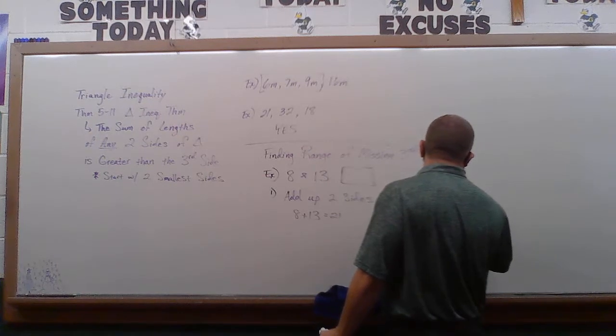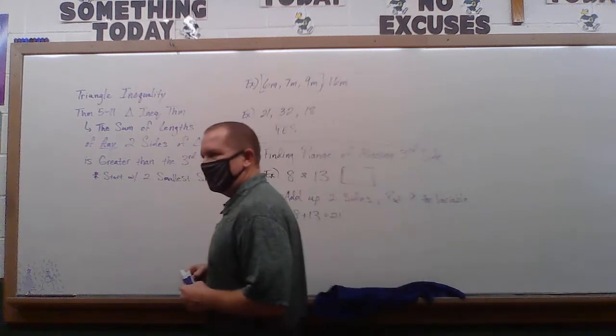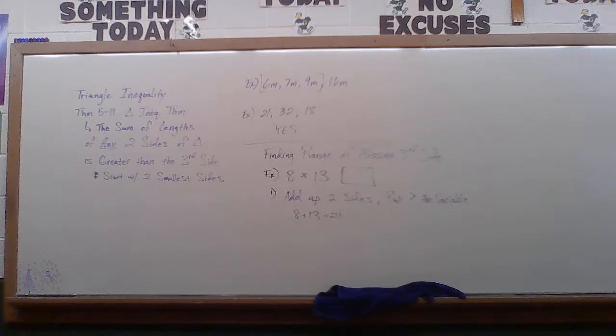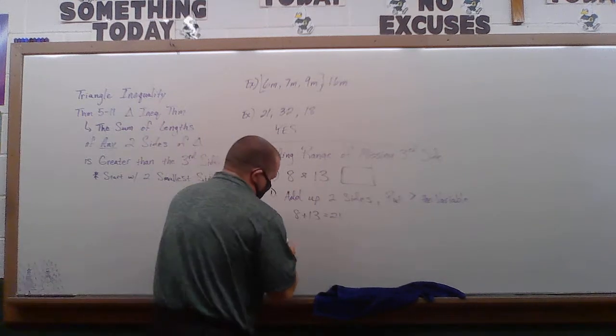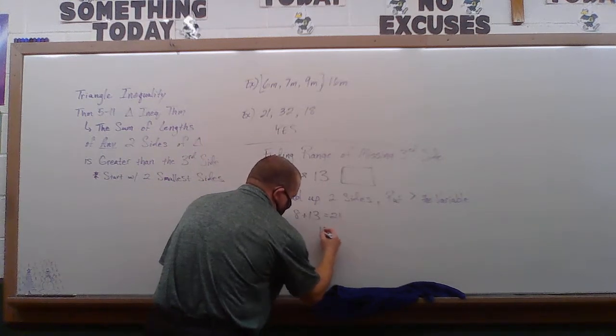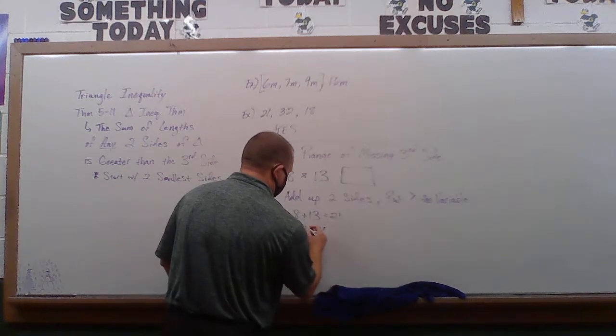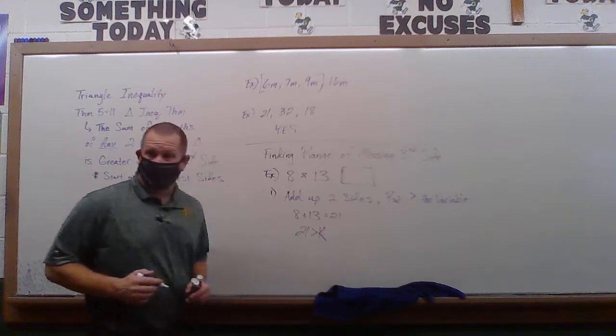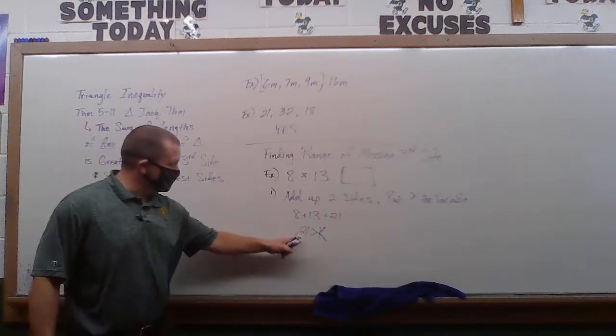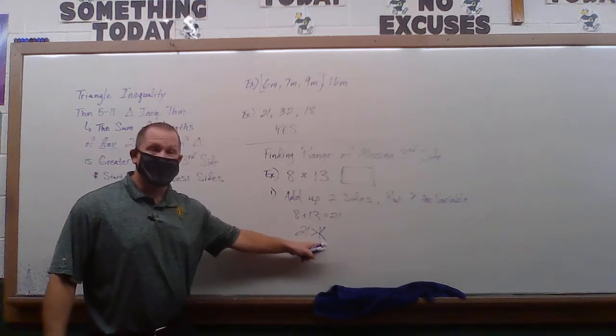I don't care what variable you use. Pick out your favorite variable. I'm going to use K. I'm going to say 21 has to be greater than K, right? Because these two sides have to add up and be bigger than my third side.